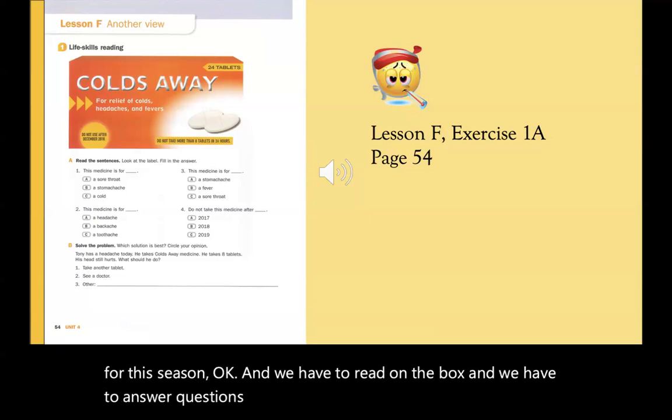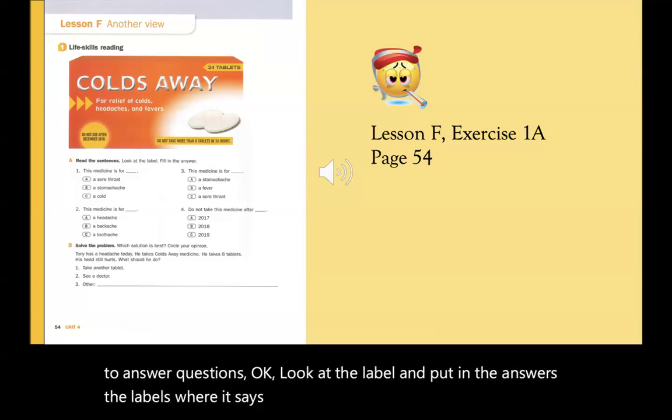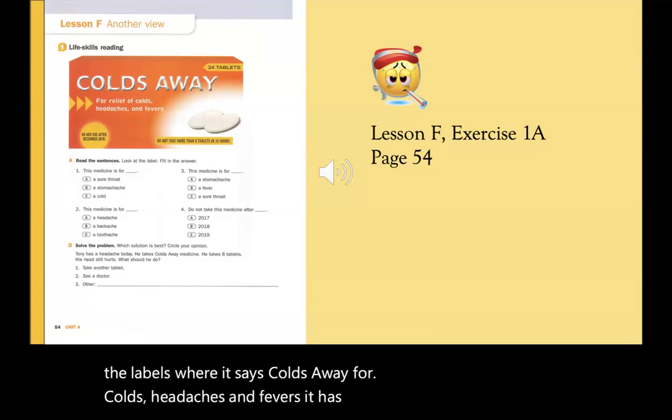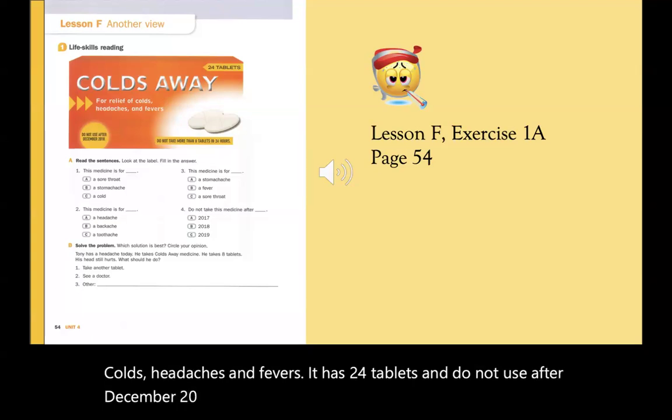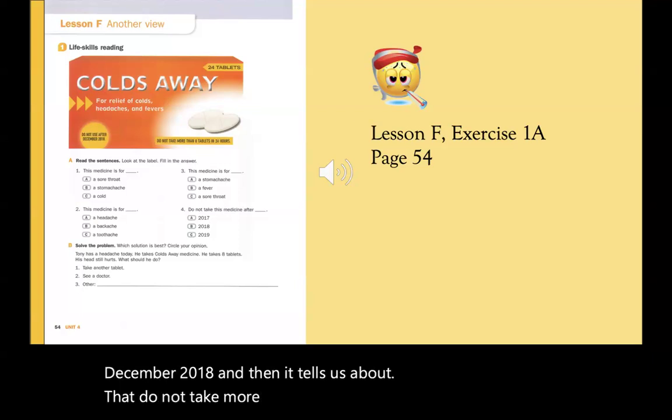Look at the label and put in the answers. The label says Colds Away for relief of colds, headaches, and fevers. It has 24 tablets and do not use after December 2018. And then it tells us that you should not take more than 8 tablets in 24 hours.